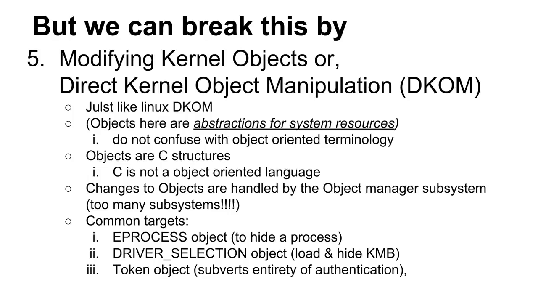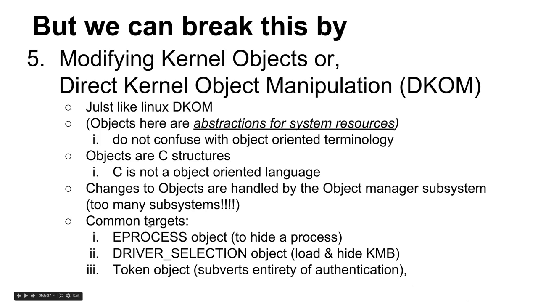But this can be broken by modifying other kernel objects, essentially structures and objects that are destinations of the descriptor tables, as well as whatever the binary code is relying on to force it to perform malicious computations. And this is just like Linux.